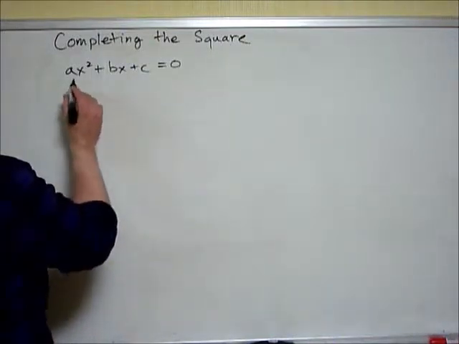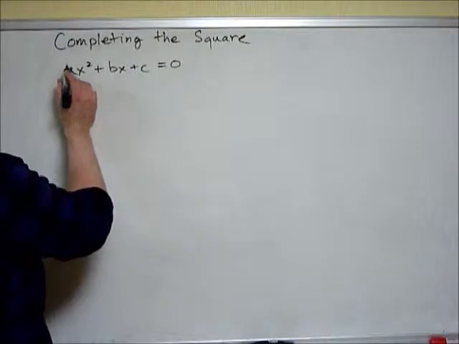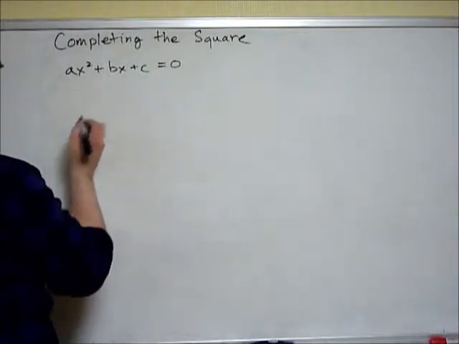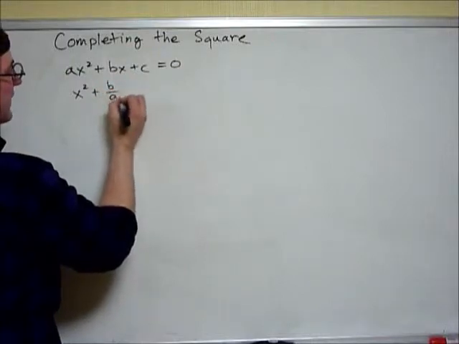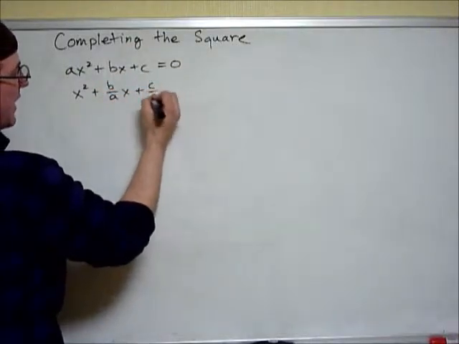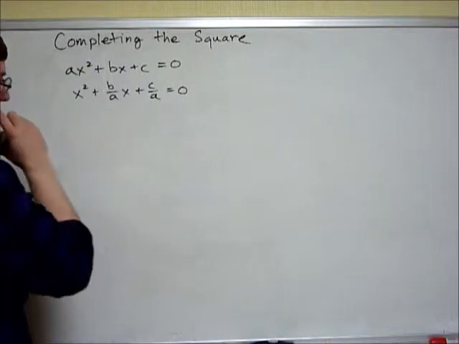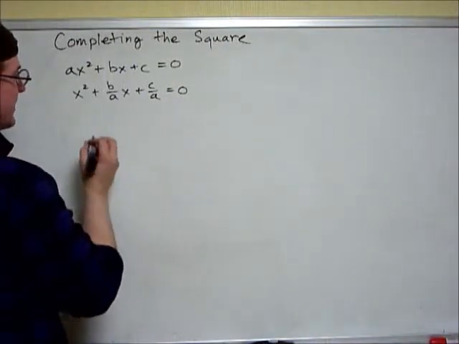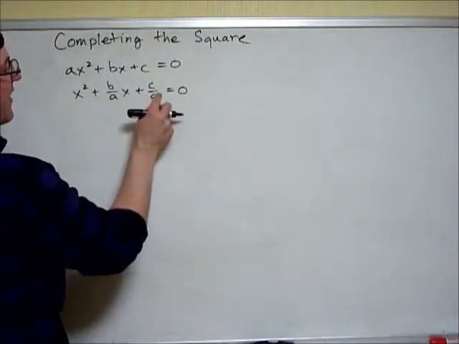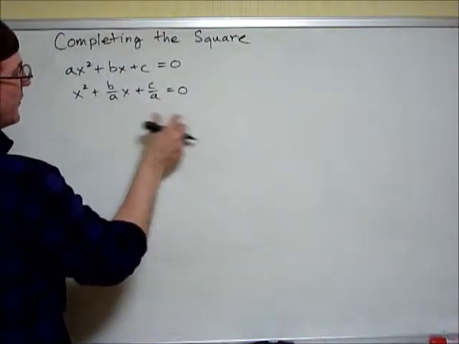What will we do? Well, first, remember we had a 3 over here before. We divided the whole thing by 3. Now we're going to divide by a. So we have x squared plus b over a x plus c over a equals 0. And the next thing we did, just to keep things clean, we moved this, which was a 5 before, but now it's c over a. We moved it over here.